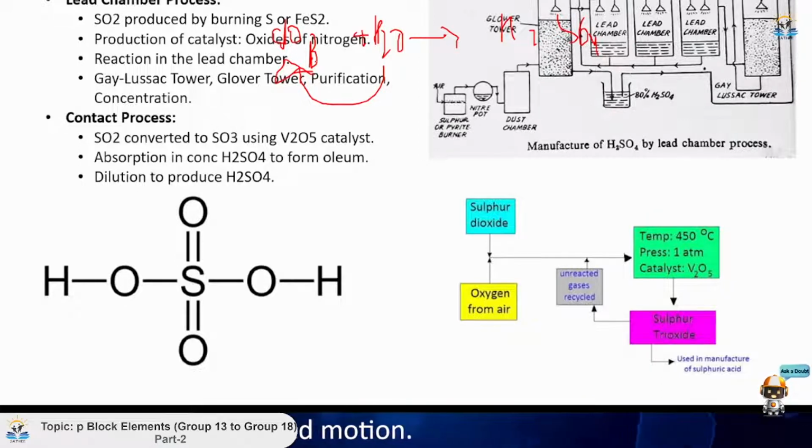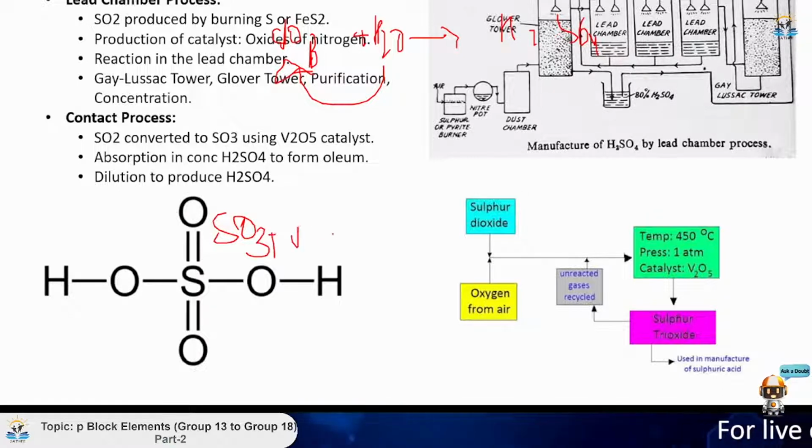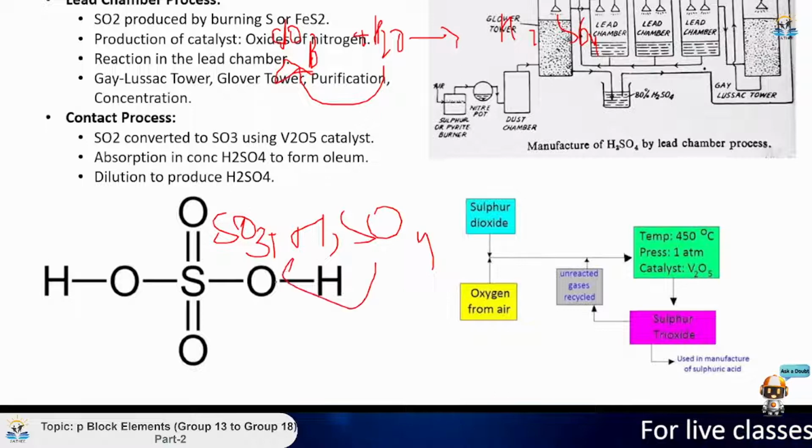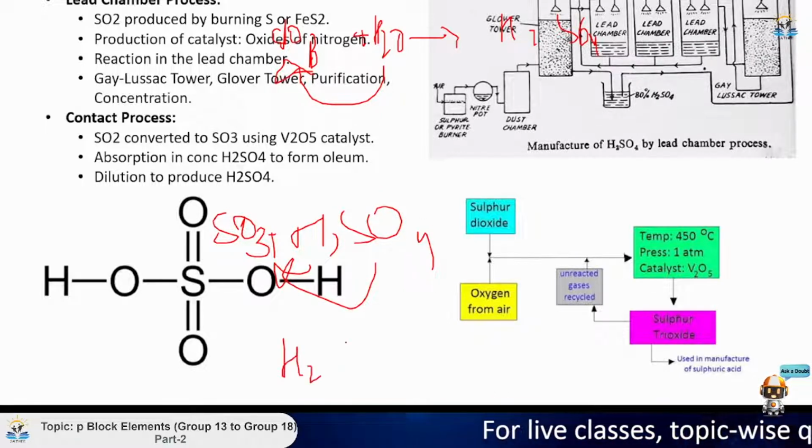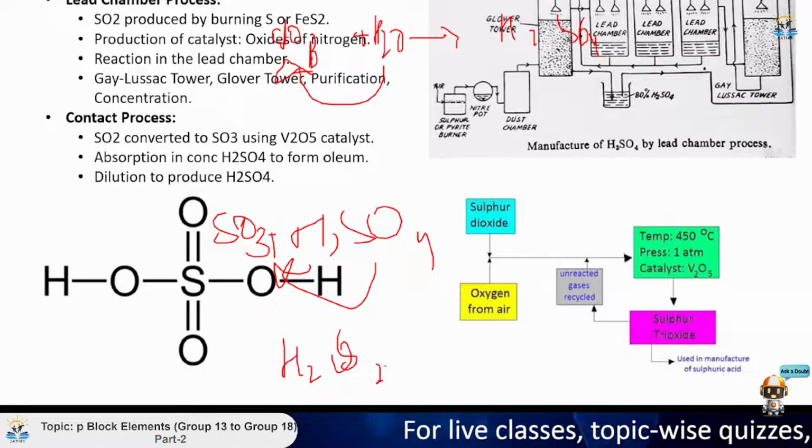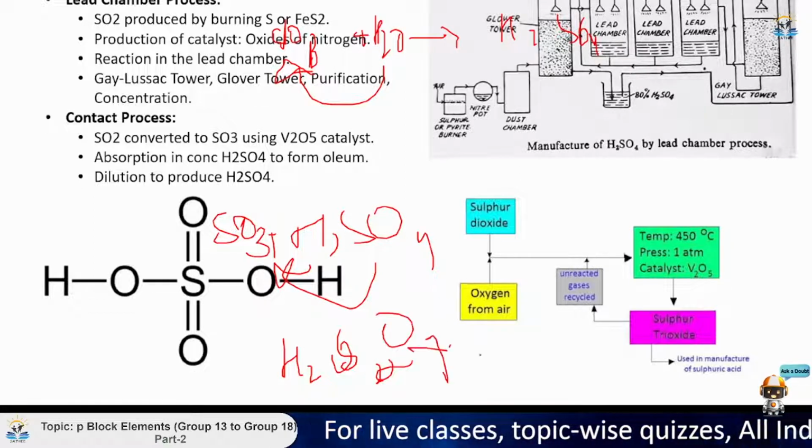So instead of adding H2O, you actually add H2SO4 only. Again, you use H2SO4 to prepare H2SO4 over here, and this gives you oleum, that is H2S2O7.